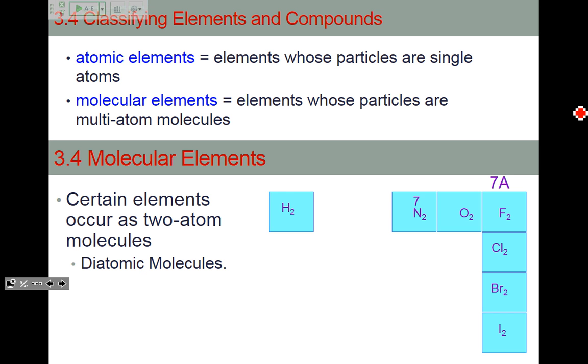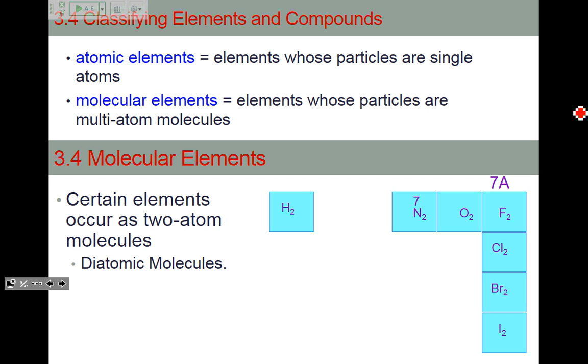We call these molecular elements diatomic molecules. Di means two, atomic for atom, so molecules that have two atoms. Pretty straightforward for the naming. This is how you would find these elements in their natural form: N2, O2, H2.